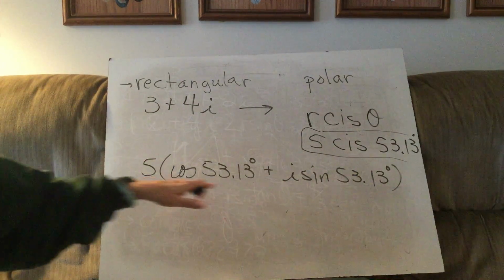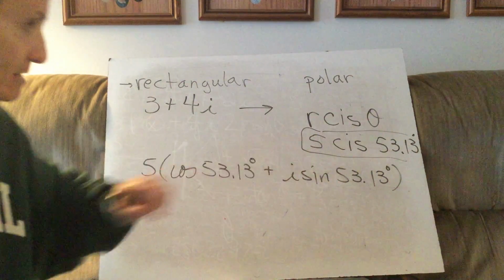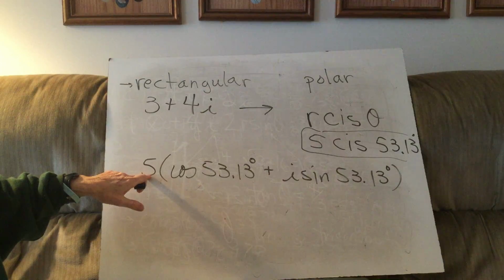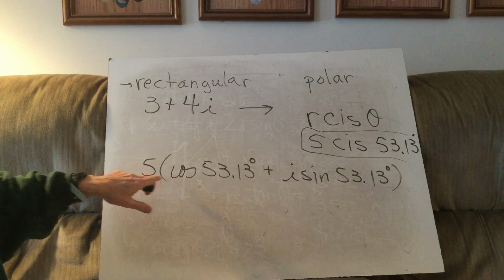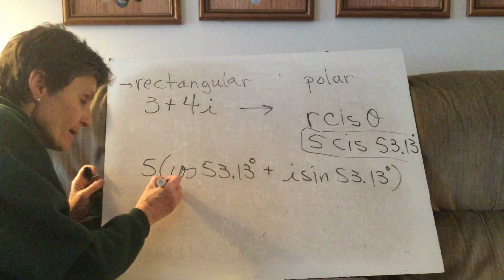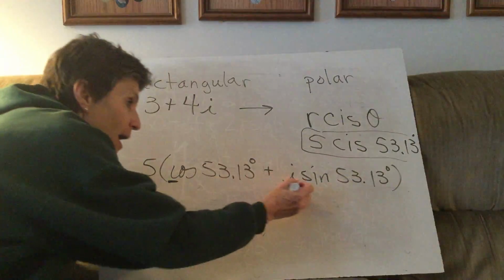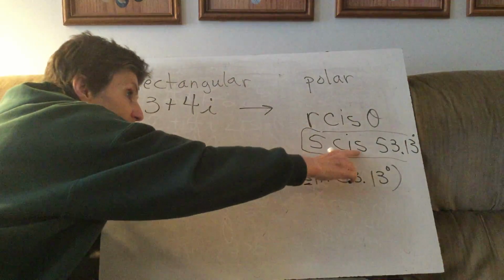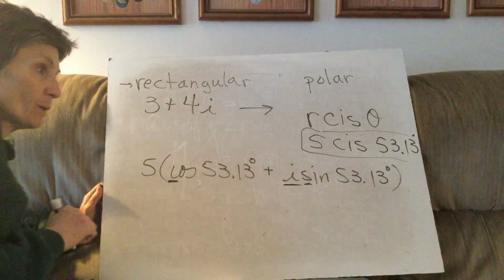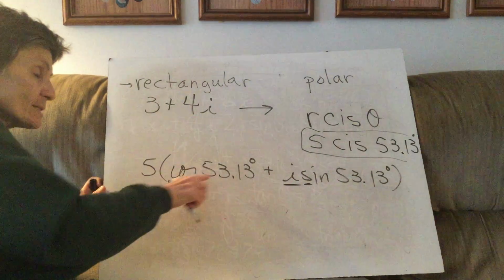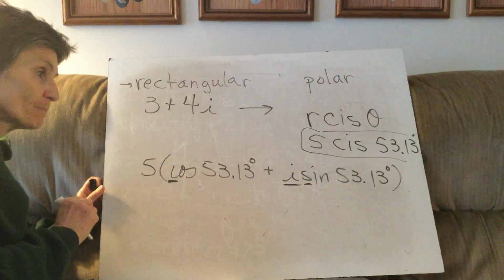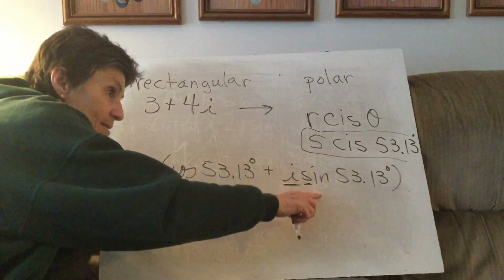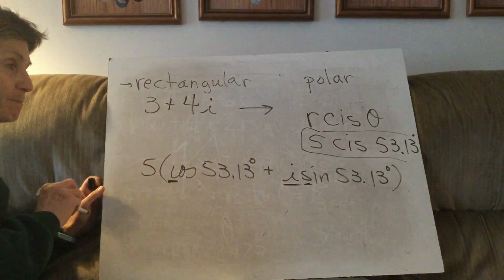So this is the long version of that answer. Now notice you got your 5 out in front, and then you have cosine i sine 53.13. So we have the cosine 53.13, and then i sine 53.13.